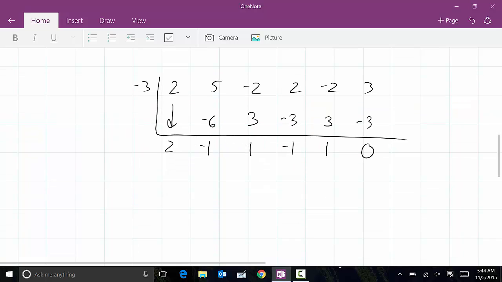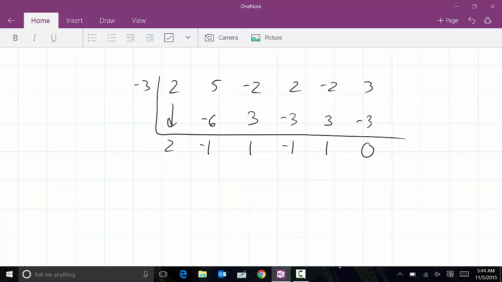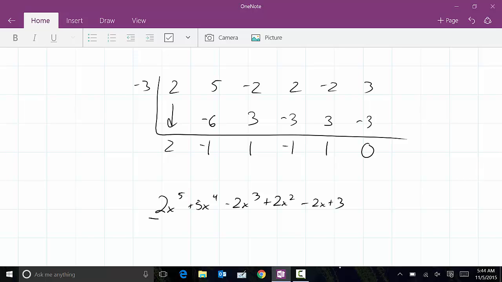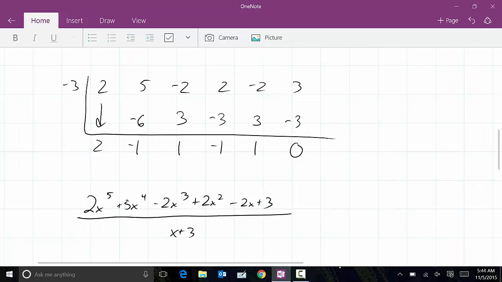So here's what we found. We found that 2x to the power 5 plus 5x to the power 4 minus 2x cubed plus 2x squared minus 2x plus 3, when you divide that by x minus negative 3, or you could just write it as x plus 3, what you get is a quotient of, and let's count, constant, linear, quadratic, cubed, and then x to the power 4.